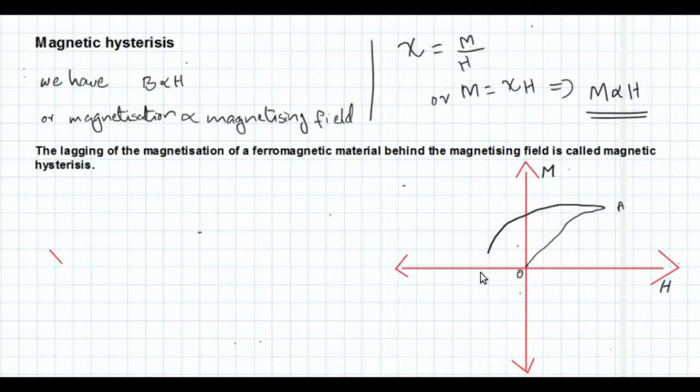Even when we reach this point, or when we reverse the magnetizing field by 2 units, there is still magnetization taking place for the ferromagnetic material. Okay, now when we reach this point, you can see that the magnetization is 0, right?